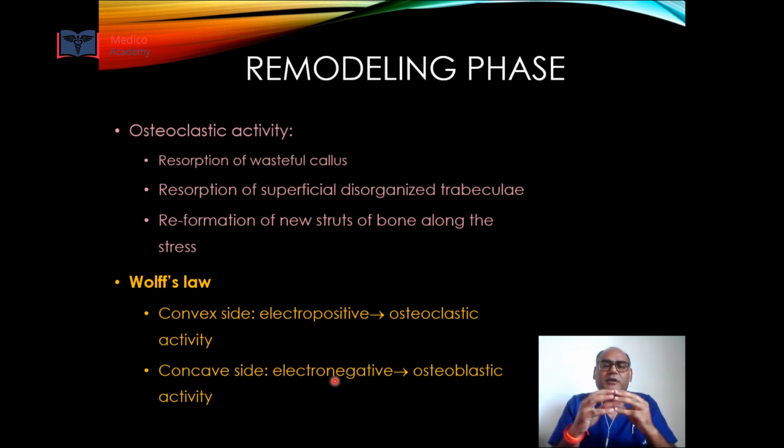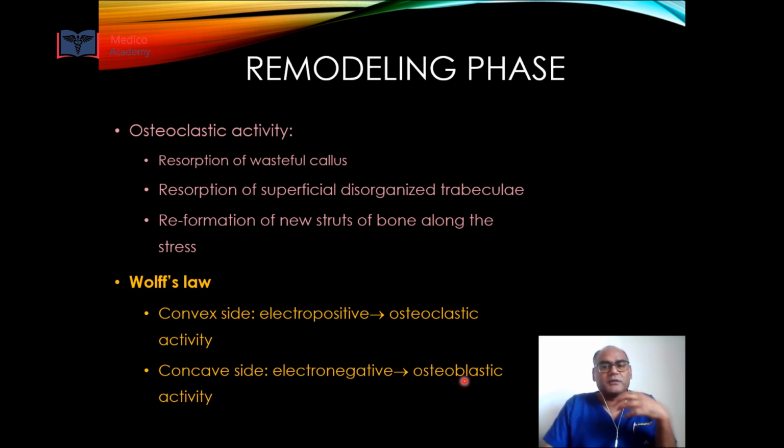They are rarefied. Whereas the concave part will have crowded charges together. And usually the charges are hydroxyl ions, OH negative ions, which are negatively charged. Those negatively charged ions make that concave part of the bone electronegative, and they are important in deposition of bone, and they activate the osteoblastic activity.